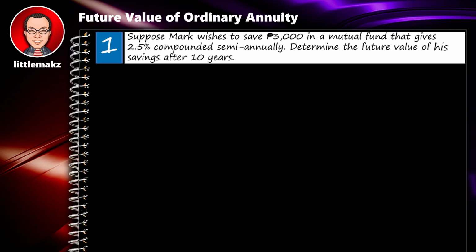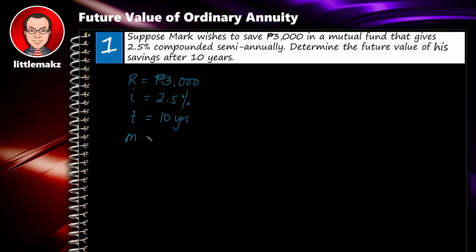So in this case, we are going to consider the given R is equal to 3,000, the periodic payment. We have your I is 2.5%, and the time is 10 years.